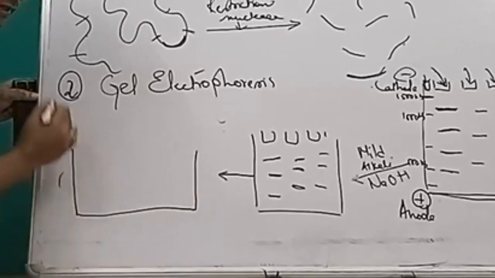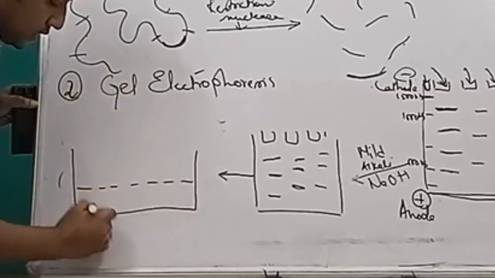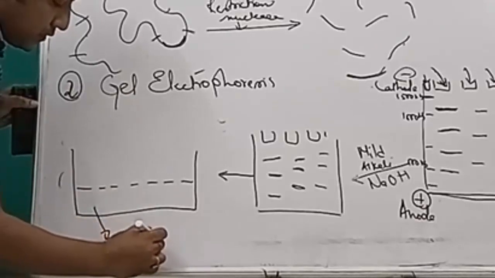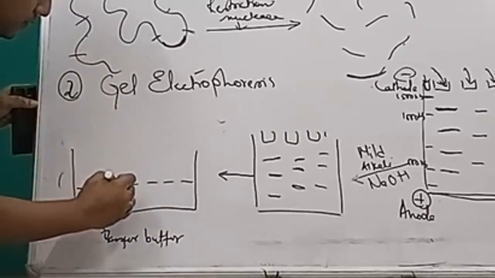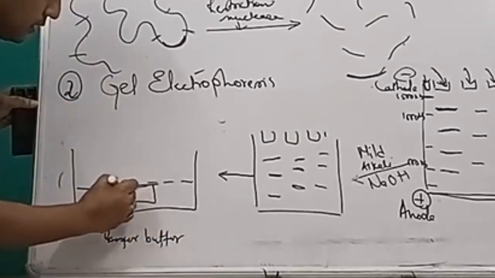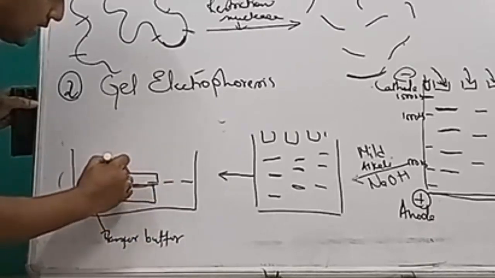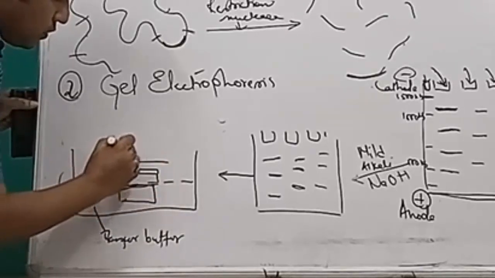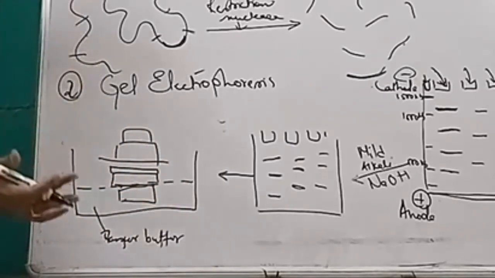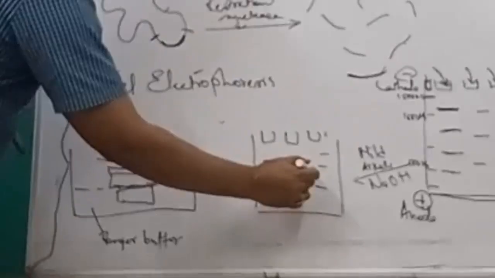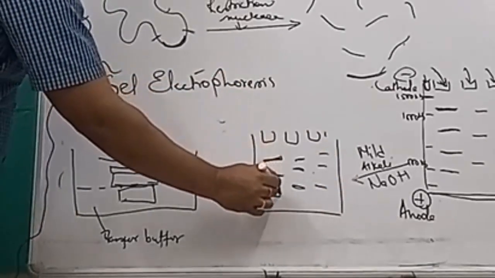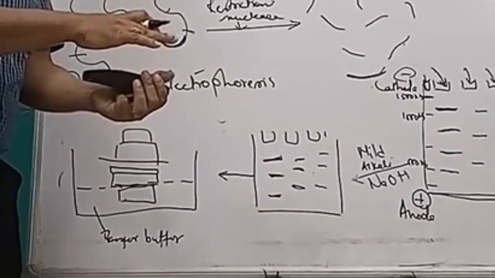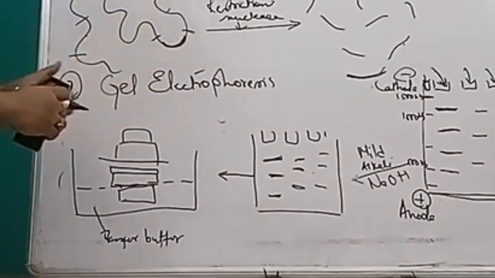I'm taking this gel, and there is a system, which we are not going into depth on. The transfer buffer is kept, and in this transfer buffer we put some sponges, and then the gel, and then the nitrocellulose sheet or the nylon sheet, and give some cotton towels above and a sponge. Then we press it so that we can take the imprint of the separated fragments of DNA in the gel and put the imprint on the nitrocellulose paper.